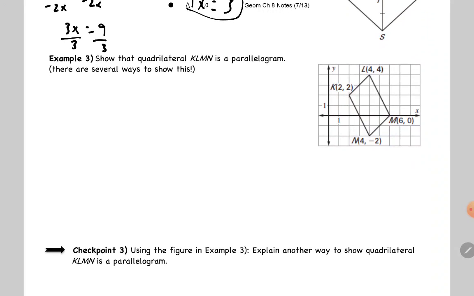Alright, show that quadrilateral KLMN is a parallelogram. So there's a lot of ways we can do this. We can show that opposite sides are parallel. Opposite sides are congruent.